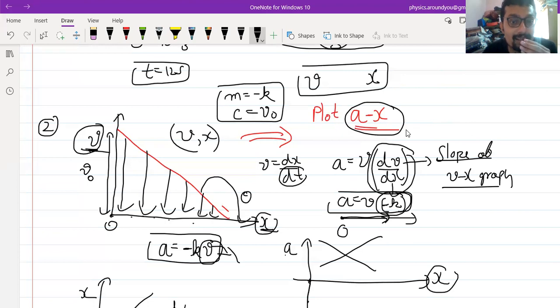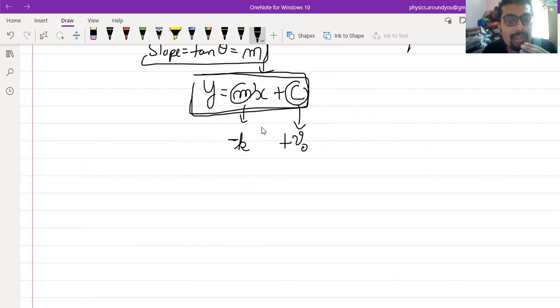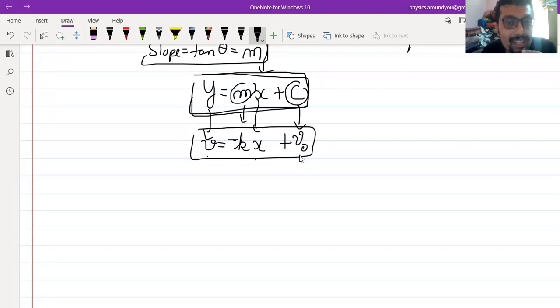If you compare, we know m is equal to minus k, c is equal to V naught, x remains x, but instead of y, the quantity plotted is V. So the condition satisfied by the Vx plot is V is equal to minus kx plus V naught.